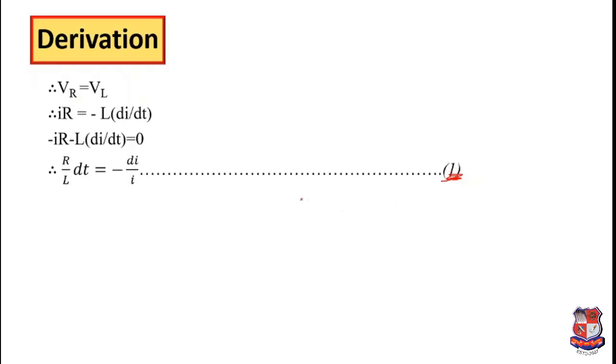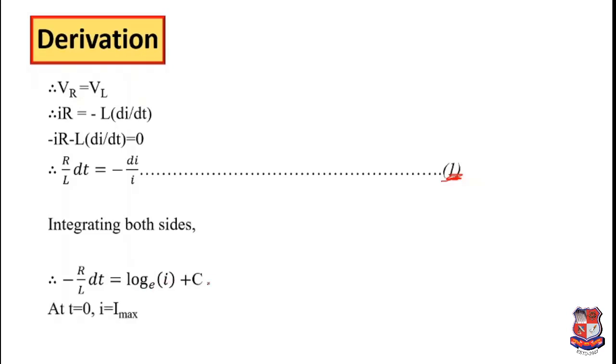If you solve this, you just have to integrate both sides. So you will get minus R by L into t equals the logarithm of I plus C. To find C, you know that the initial condition is at t equals 0, I equals I max.